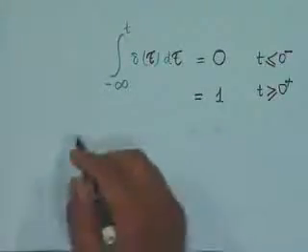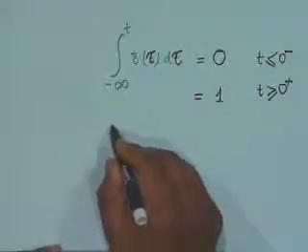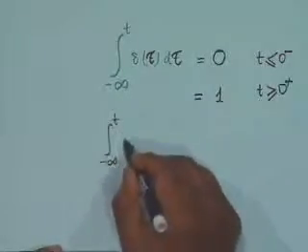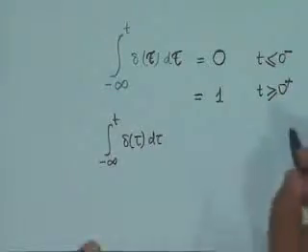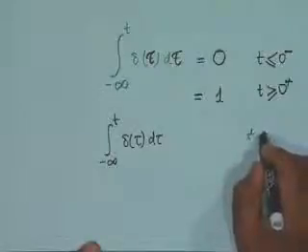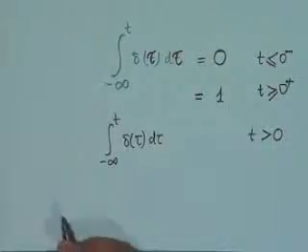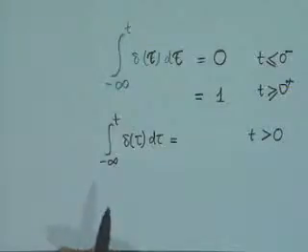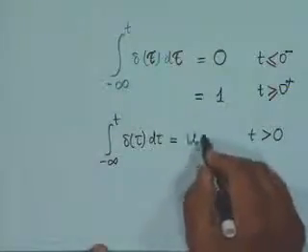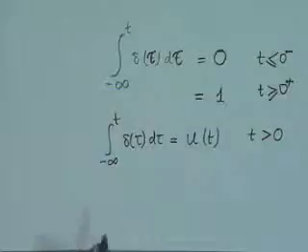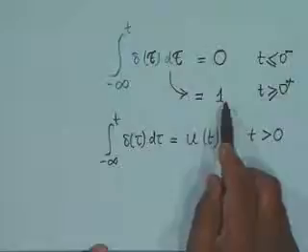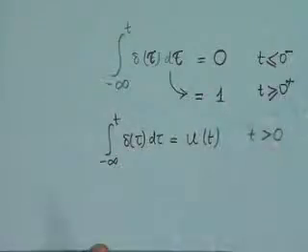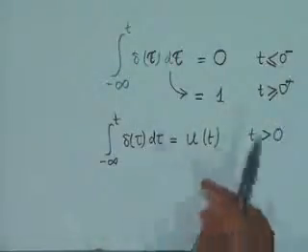There are several other interesting phenomena, that is, the integral from minus infinity to t of delta tau d tau. If t is greater than 0, it is interesting to see that this is the same as u of t, the unit step function, because by definition and implication it is equal to 1 for all t greater than or equal to 0 plus, and for t less than or equal to 0 minus, it is 0.